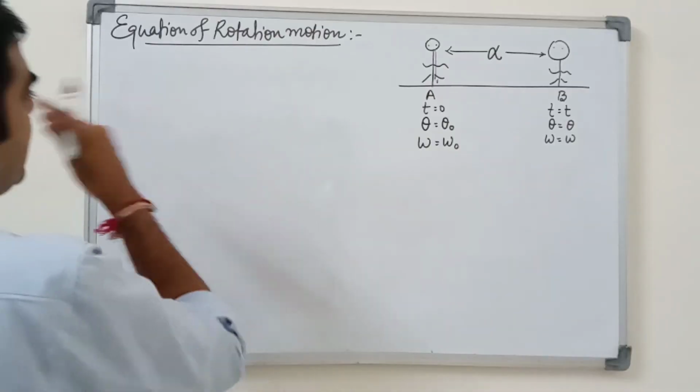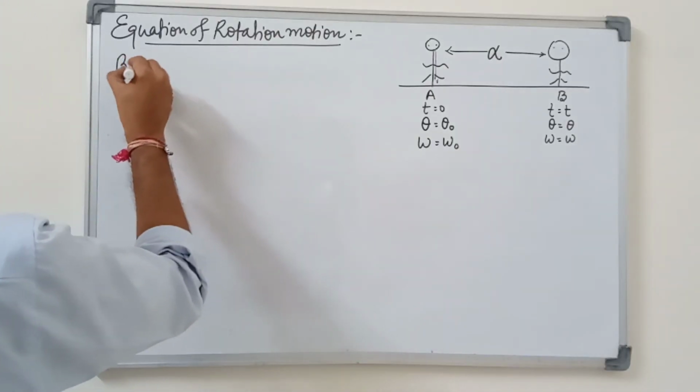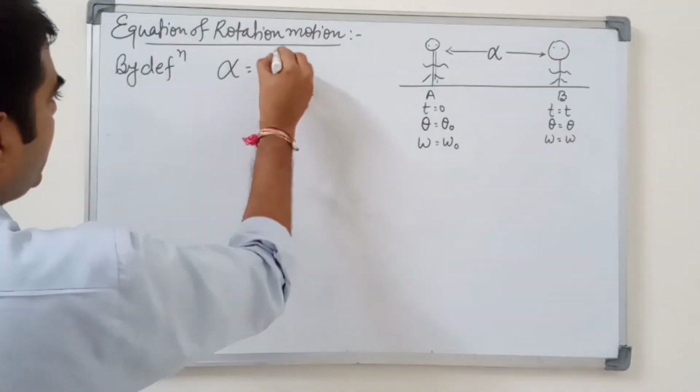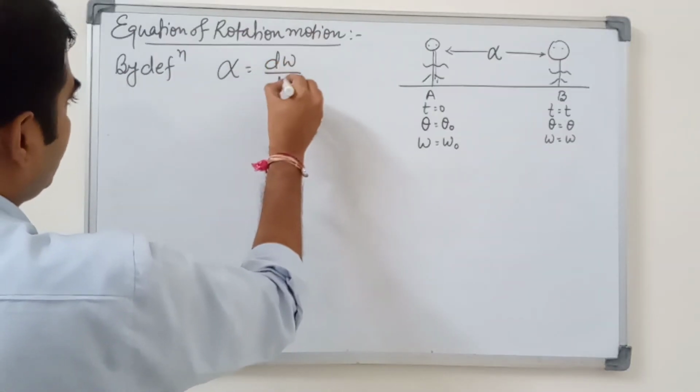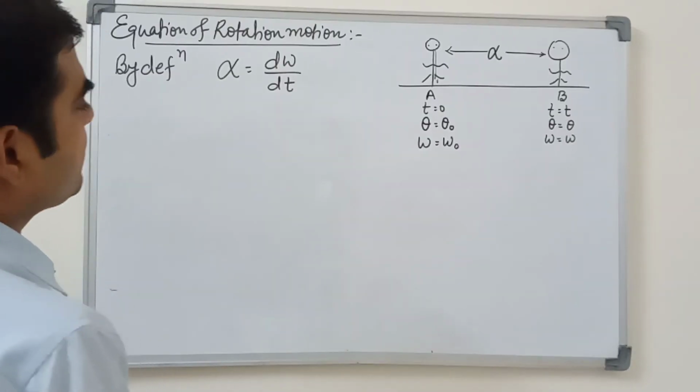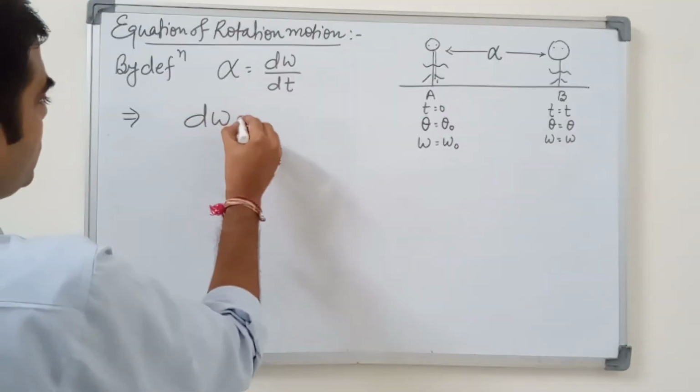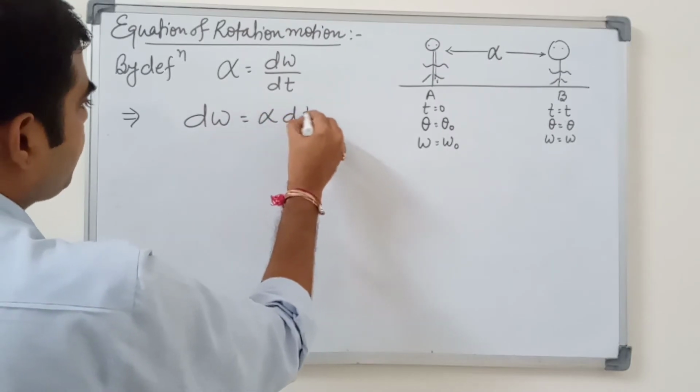Now again the definition of acceleration: alpha is equal to d omega upon dt, the angular acceleration definition. So now d omega is equal to alpha dt.